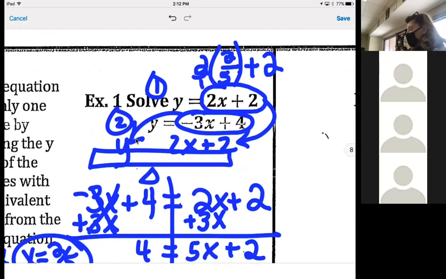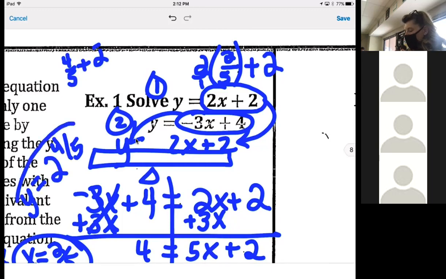All right, so that's 2 times 2 is 4. 1 times 5 is 5. So I have 4/5 plus 2. So what is y? Yep, y equals 2 4/5.